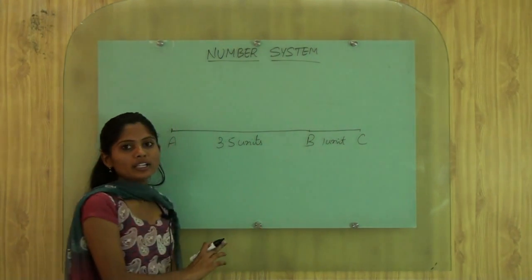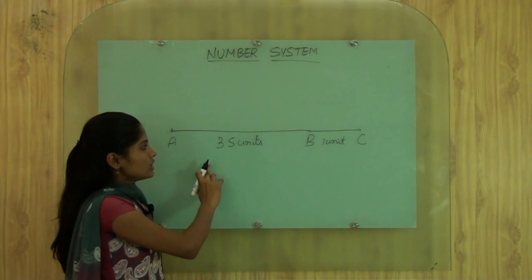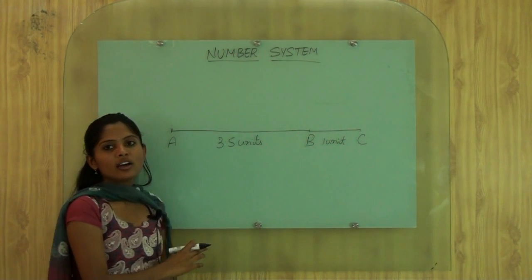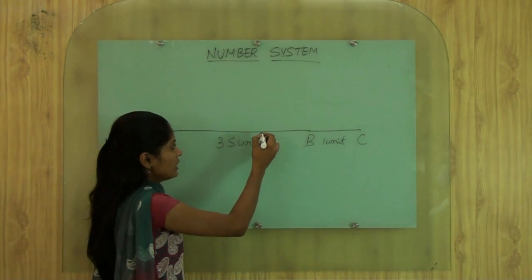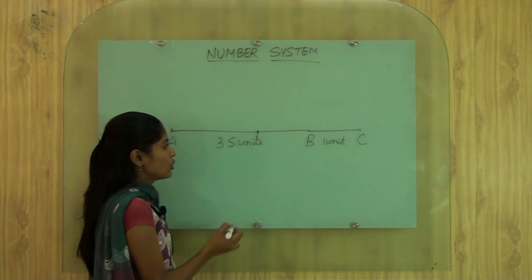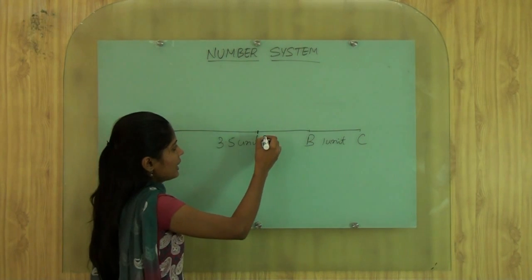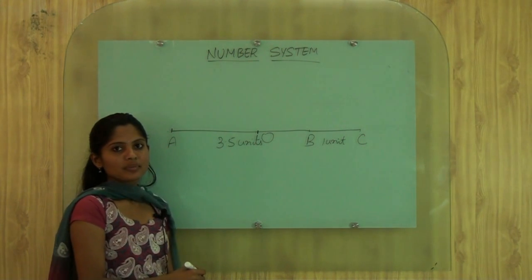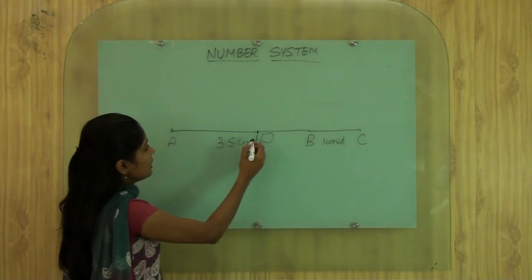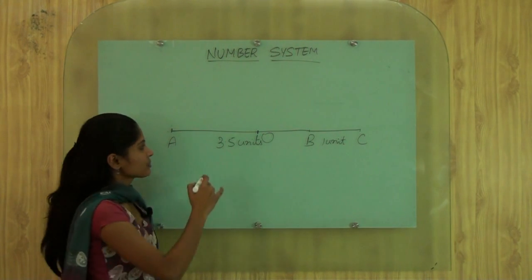BC is of 1 unit. Now it is totally 4.5 units. Let's take the center point of this 4.5 and call it O. Take O as origin.